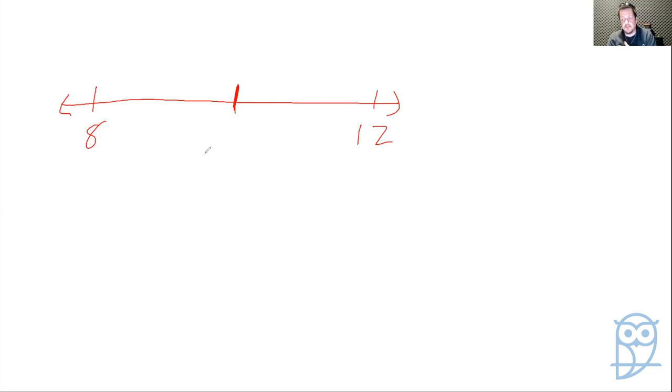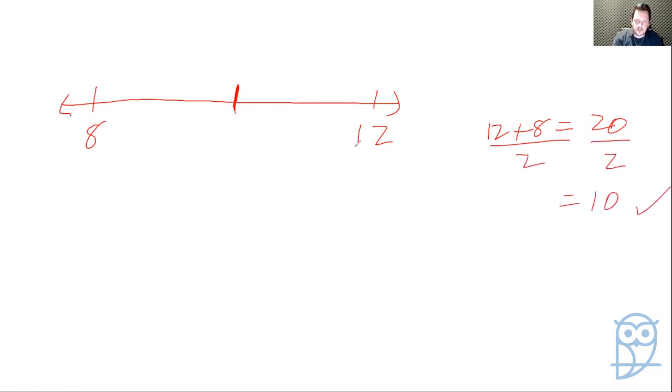So there's a variety of options of what you could do to find this value. You could add these two numbers together. So 12 plus 8, that gives you 20. And then you divide by 2, and it gives you 10. So for those of you that were thinking 10, well done, it is 10.